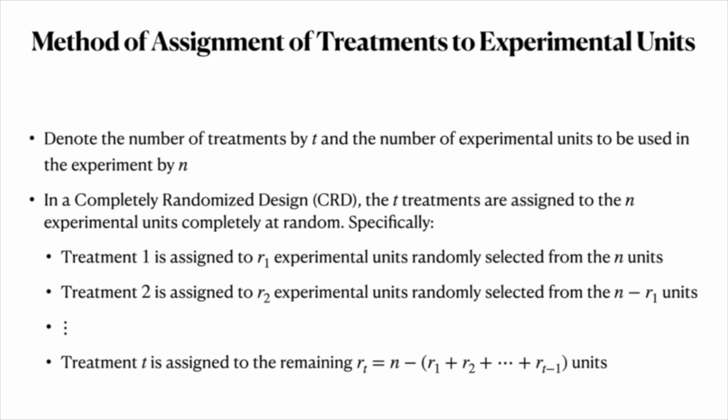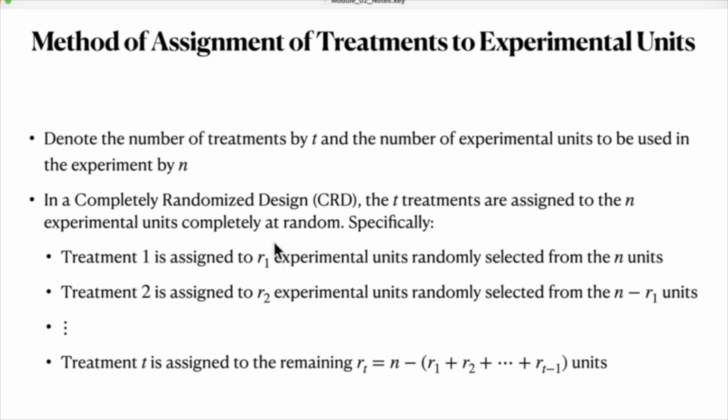Well, specifically what this means, the way that it's carried out, is that treatment 1 is assigned to a number of experimental units randomly selected from the N units, and the number of experimental units to which treatment 1 is assigned will be denoted by R1.